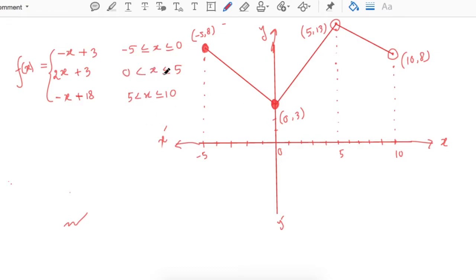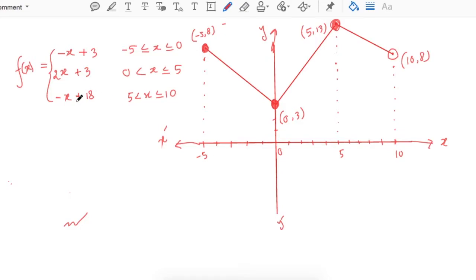So the second line will end at 5. When x equals 5, f(x) will be 10 plus 3, which is 13. So (5, 13) is the end point of the second line, and the third line will start again from the same point. So we can fill it with a little circle.